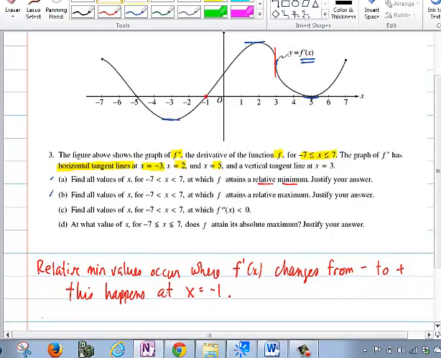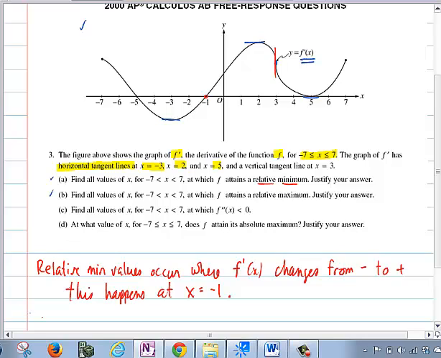Relative max values occur where f prime of x changes from positive to negative.